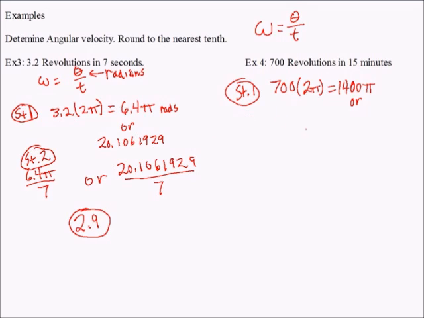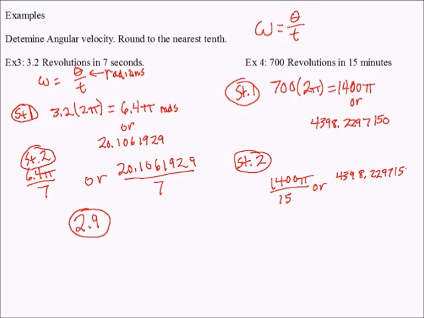And this is going to be 4398.2297150. Okay, and then step 2, it would be 1400 pi divided by 15, or you can use either one. 4,398.2297150 over 15.